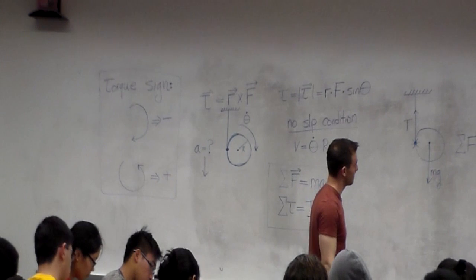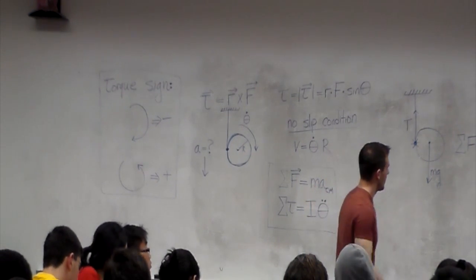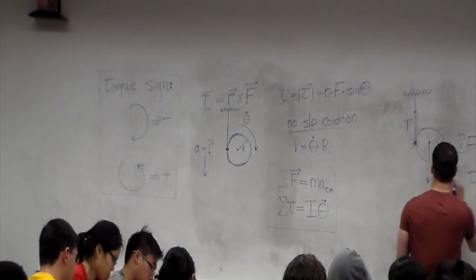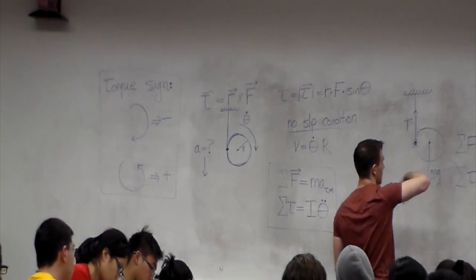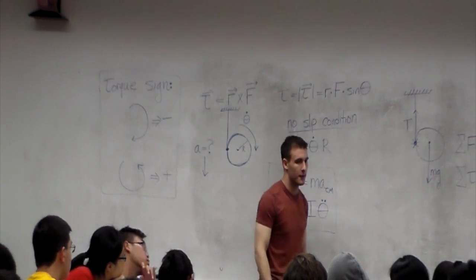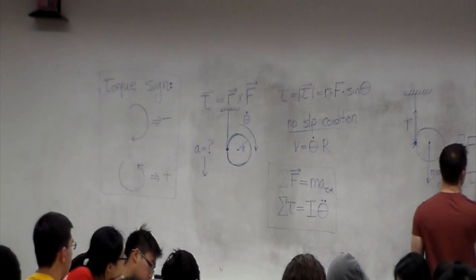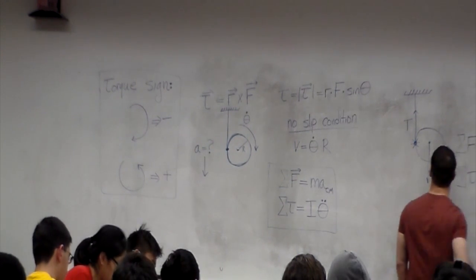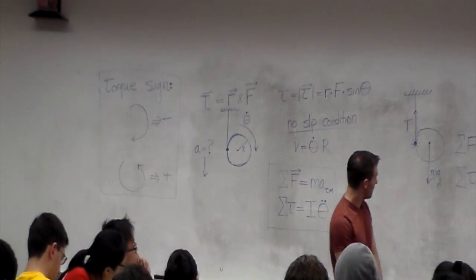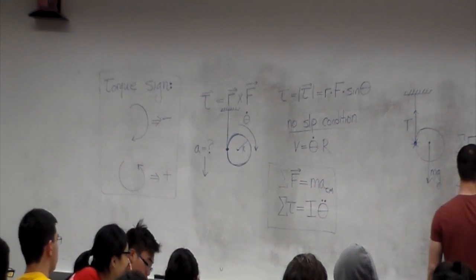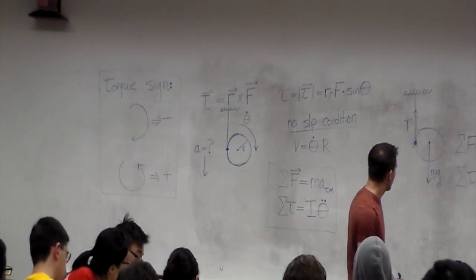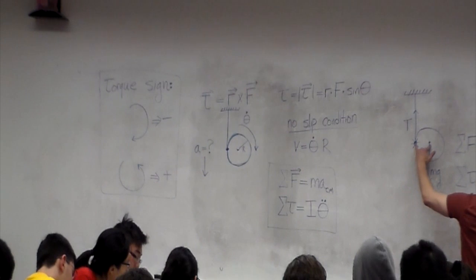And the sum of the torques about this point is just the torque contributed by this force. Is it positive or negative? Negative. Minus the magnitude of the force, mg, and the distance would be r.